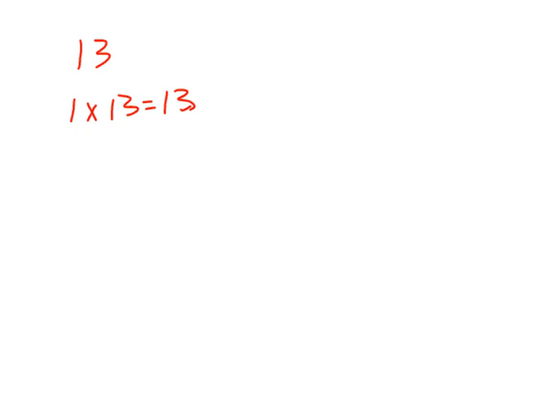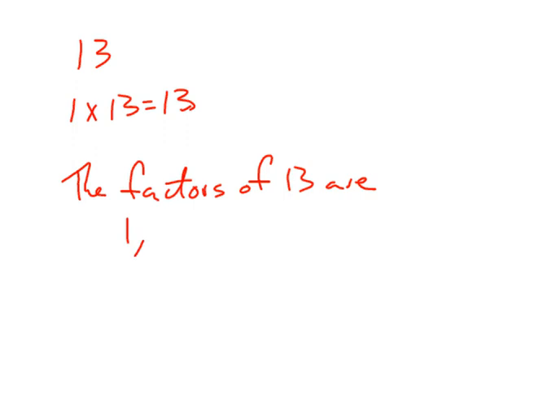No, that doesn't go into it. 6, 12. Nope. 7, 14. Nope. So these are the only factors of 13. The factors of 13 are 1 and 13. This is a prime number.